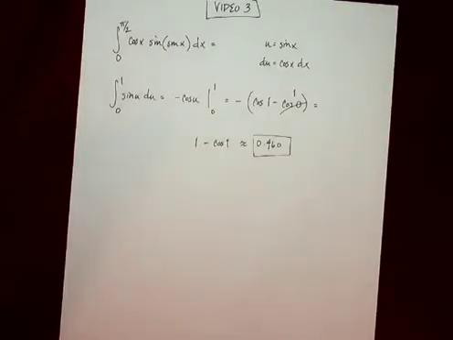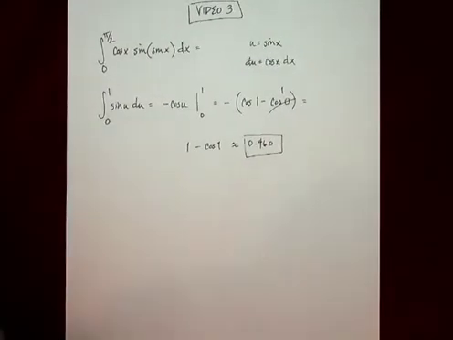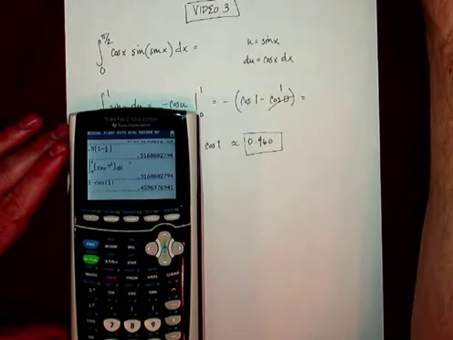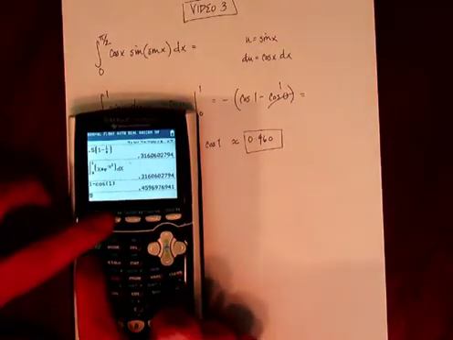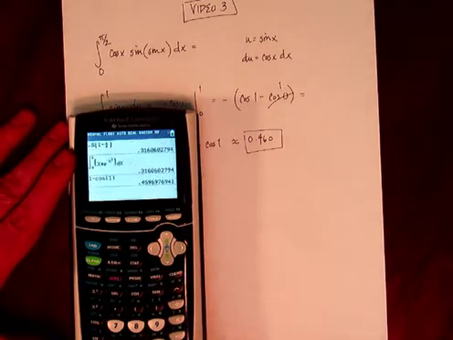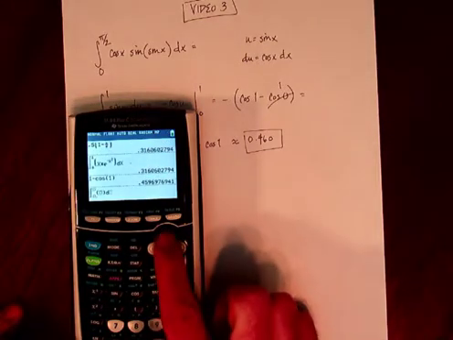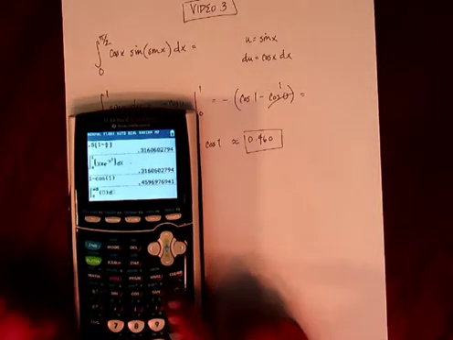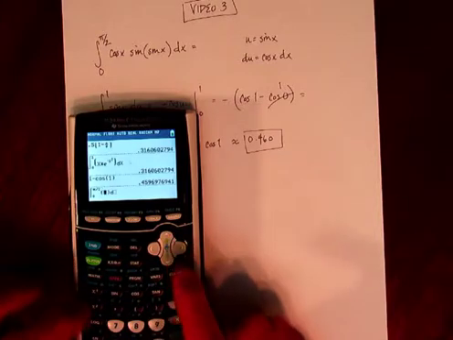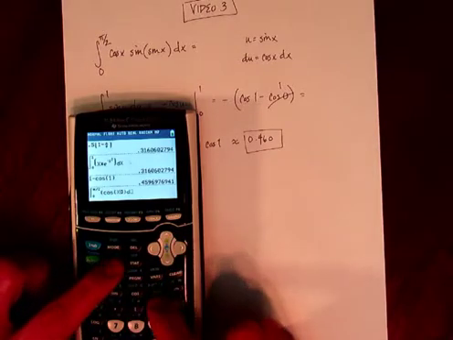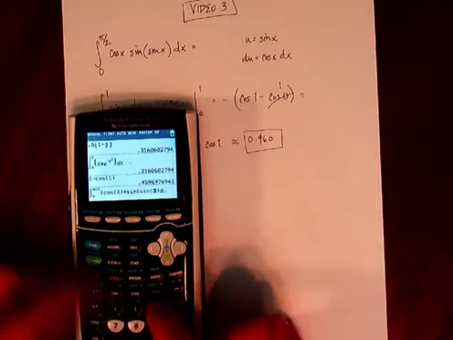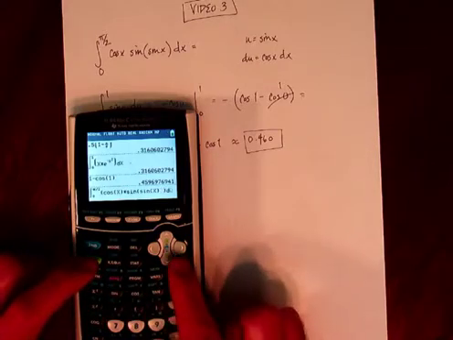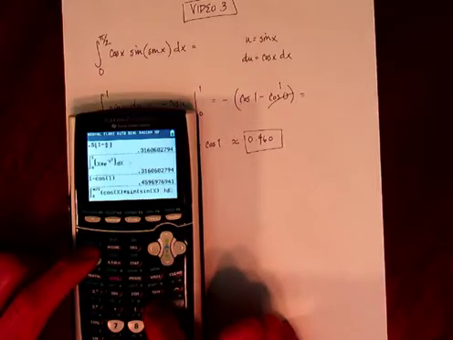Now let's check this by using our calculator. Let's do alpha f2 and get an integral up there. I have 0 to pi divided by 2 of cosine x, close parens, sine of x, and is that enough parentheses?